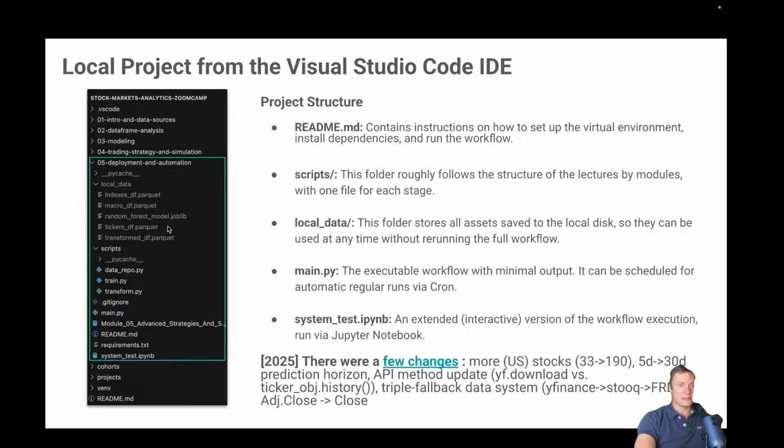And I have a state for each step, so that at any given moment I have my input data, transform data, and my predictions data saved in the folder. And if I want to run the prediction again, but I don't want to download the whole data set again, I'm just reusing the input stats that are already saved.